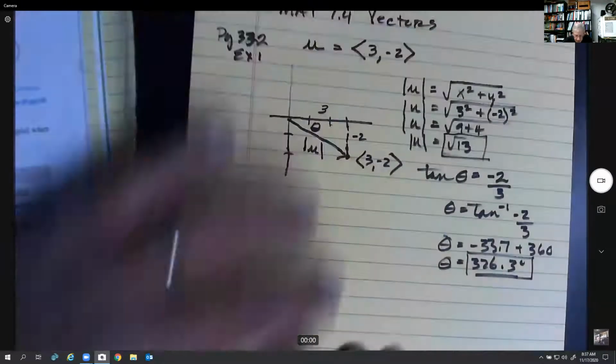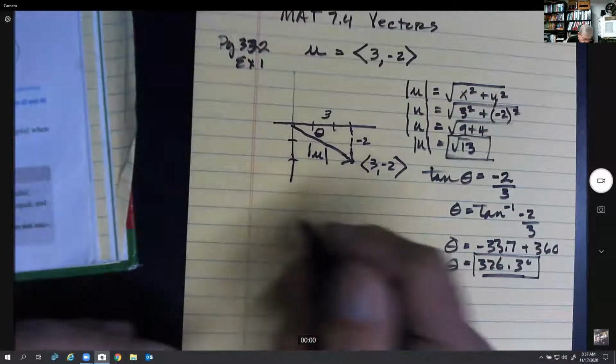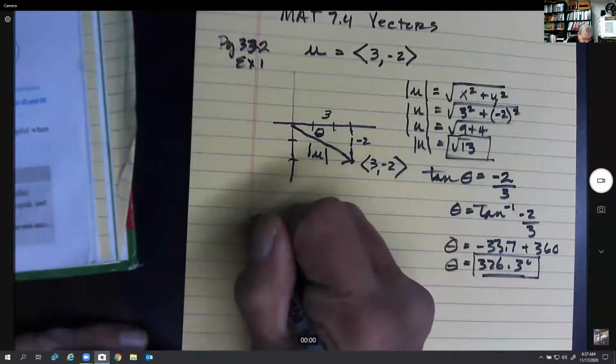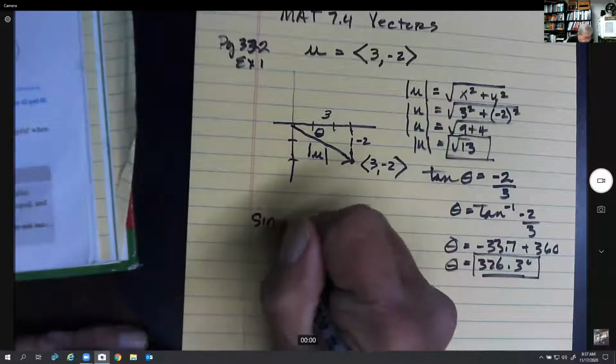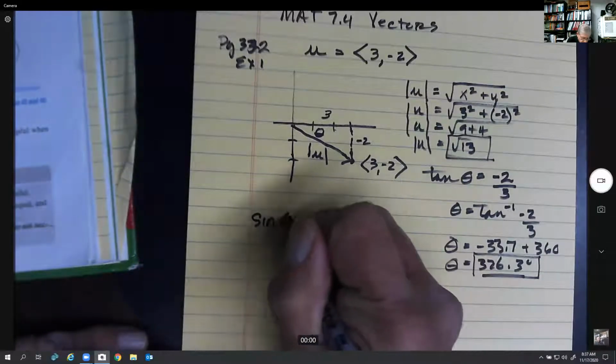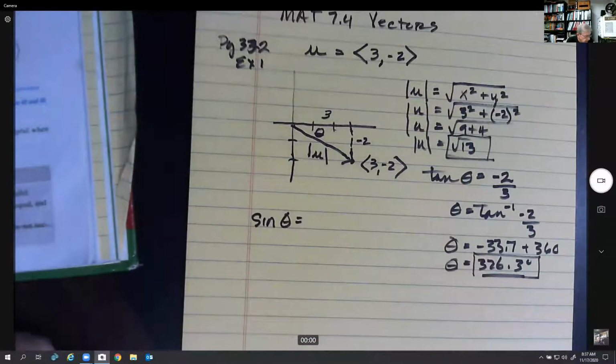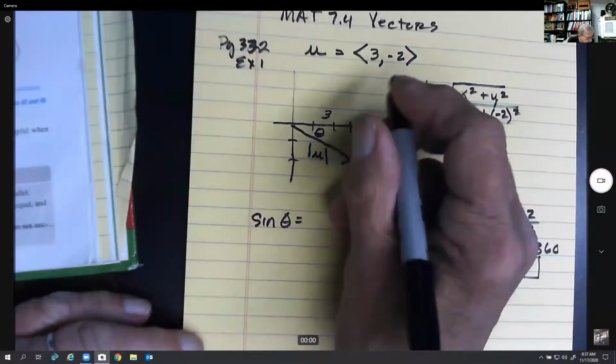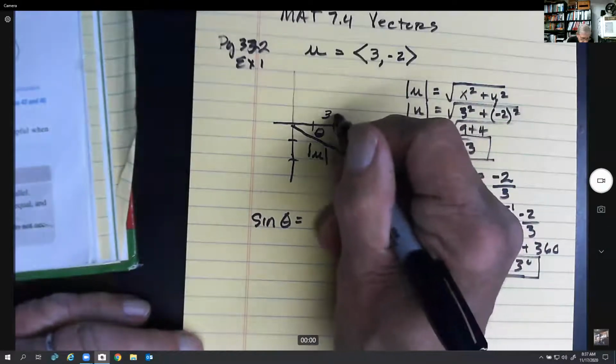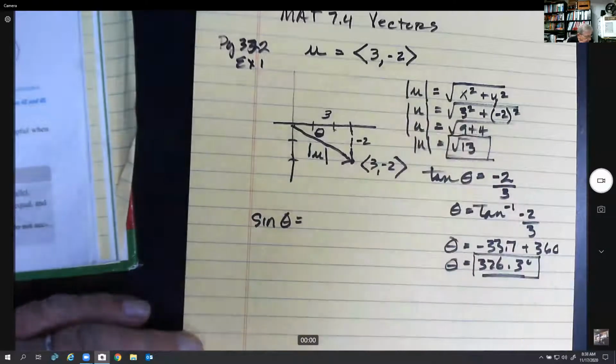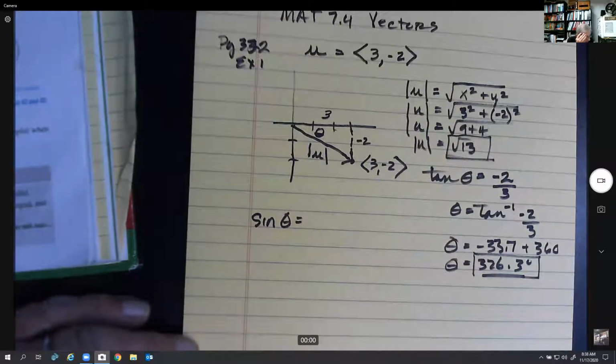Okay. Now, what else do we know? A couple of things we know. We know the sine of an angle. Sine of theta is equal to what? Say this was A, and this was B. Let's see, how can we write this?